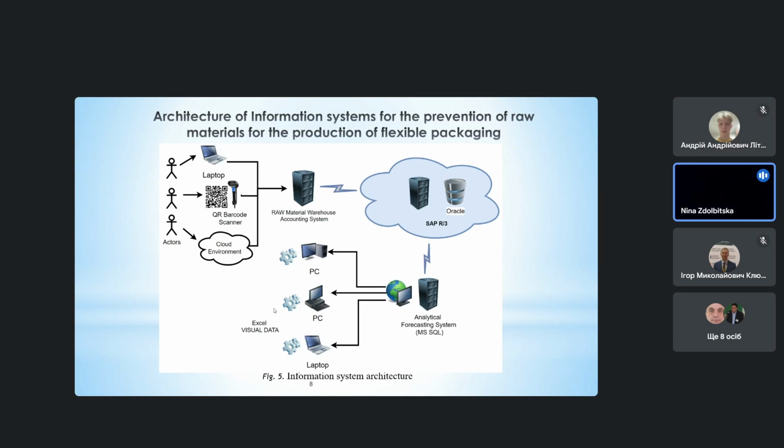The information system consists of a raw material warehouse accounting subsystem, a primary information generation subsystem, SAP R/3 with Oracle database, an analytical forecasting subsystem, and a data analysis and visualization subsystem, in figure 5.